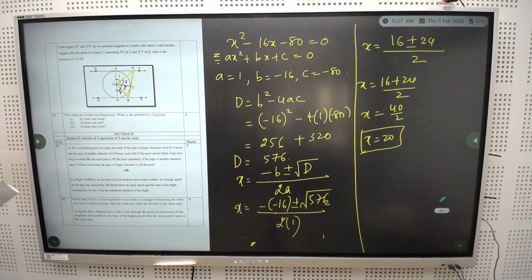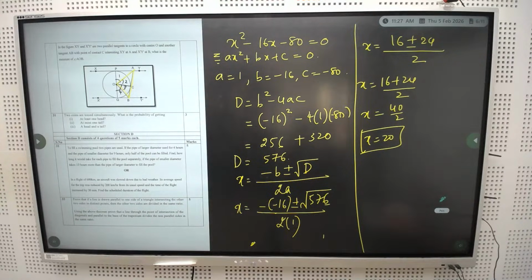Okay, now I will read the question. Try to write at least what is given. In a flight of 600 kilometer. What is this 600 kilometer? Distance. Given distance d is equal to 600 kilometer.